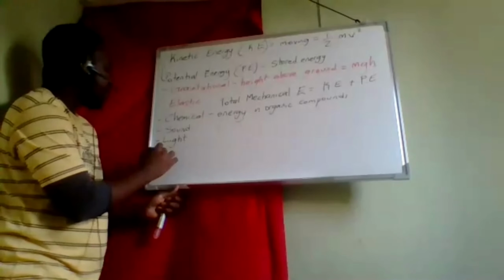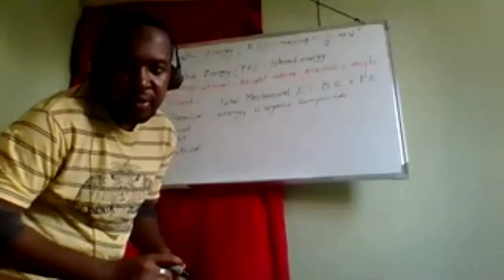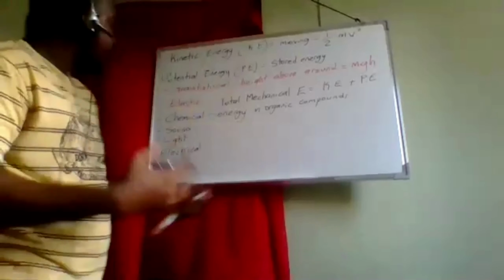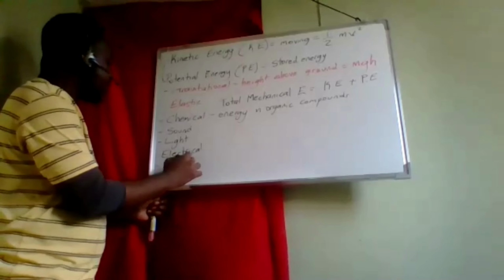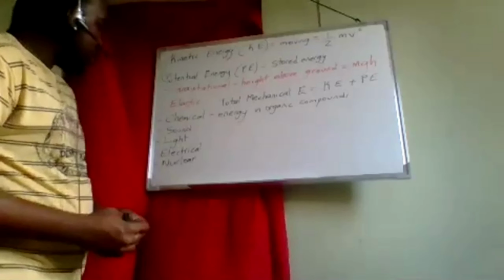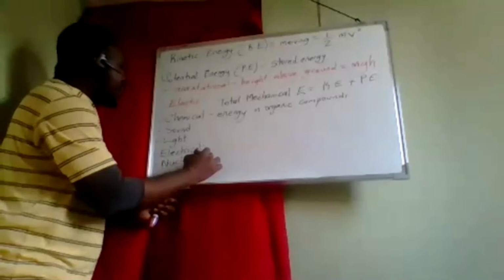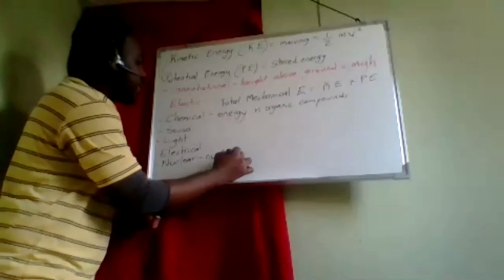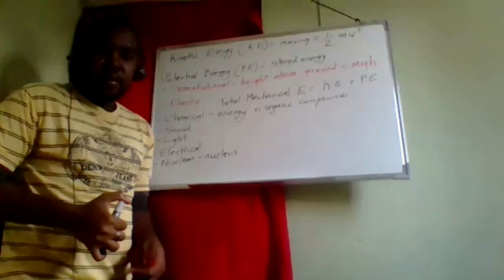Electrical energy is the energy that electrons or protons carry around in a circuit. All right, so those are the main types. And also you have nuclear energy. Nuclear energy comes from the nucleus of atoms. It's the energy that the nucleus of atoms has, that when it splits, it releases that energy form, right?